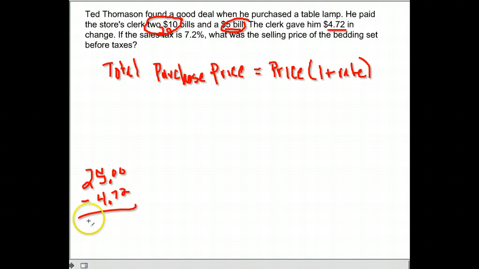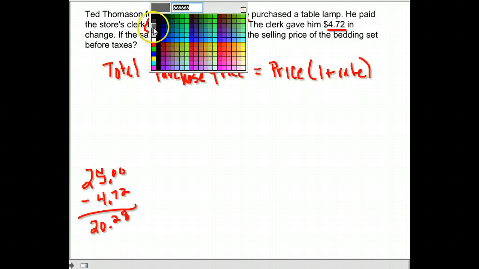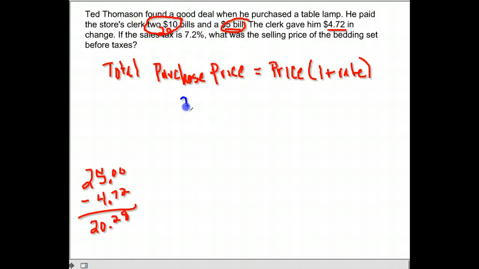And that was with tax, because this is what he's paying the store clerk at the very end after they've added in his tax. Good, $20.28. So if we come over here, we know that finding the total purchase price, we do that by taking the price of the item, which we don't know. I'll put L for our lamp. And then we have 1 plus our tax rate. Our tax rate was 7.2%.